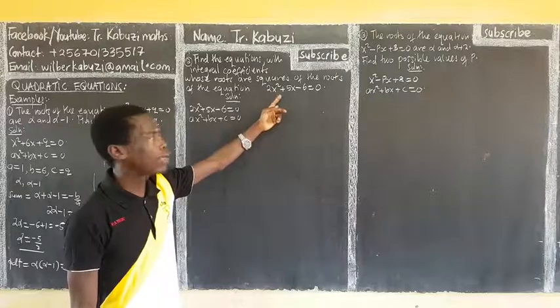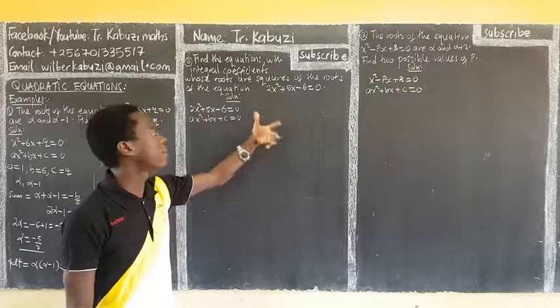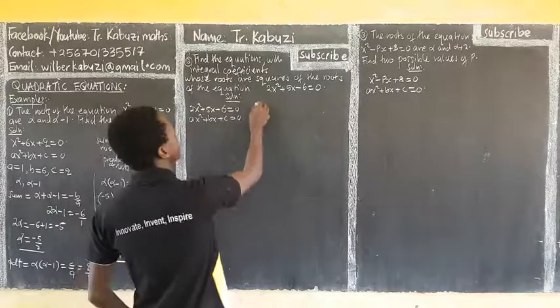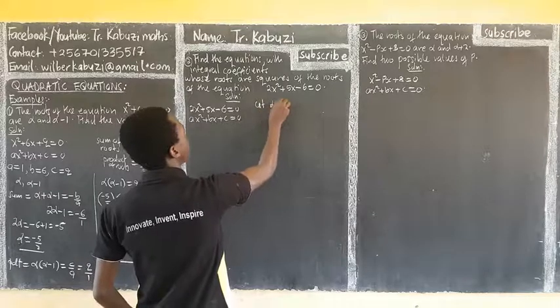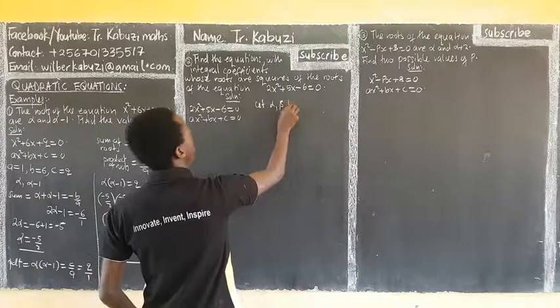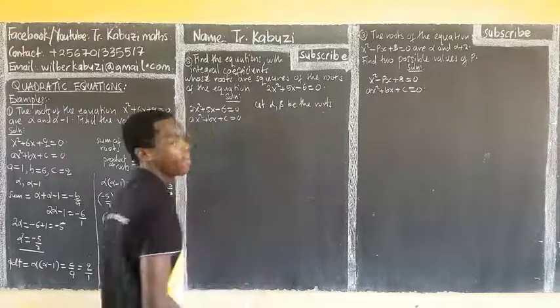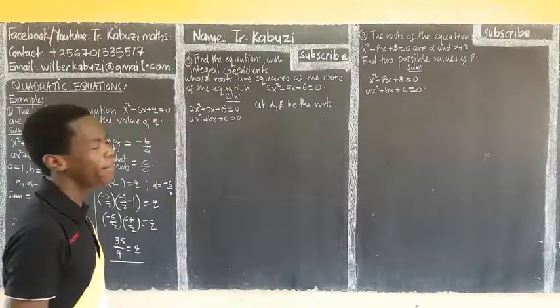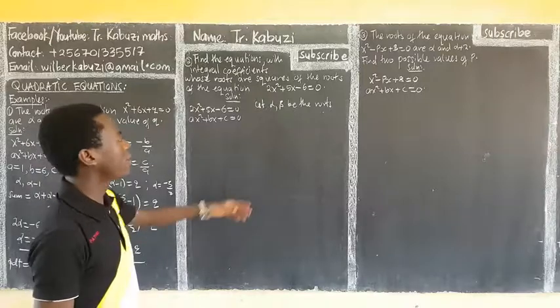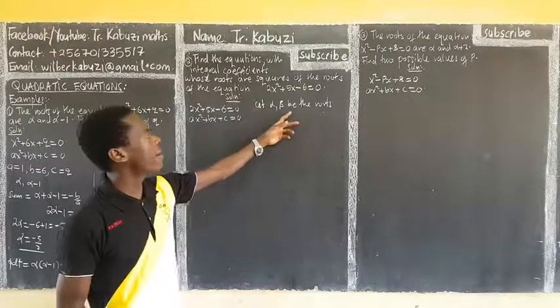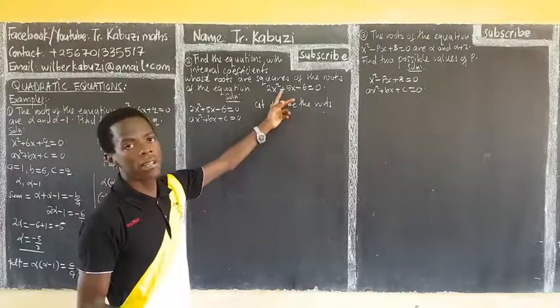We need the roots of this equation, but I don't know them. So I'm going to say, let alpha and beta be the roots. You can use other letters, it's up to you, but because these are the common ones, let alpha and beta be the roots of this equation.